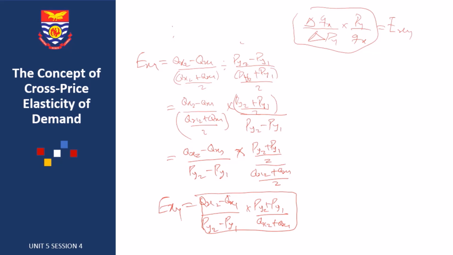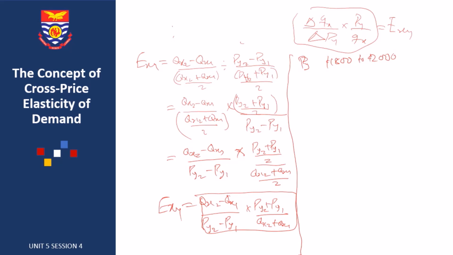So let's take an example here. Suppose that the price of Sprite, say PY, increases from 1,800 to 2,000 cedis per bottle.